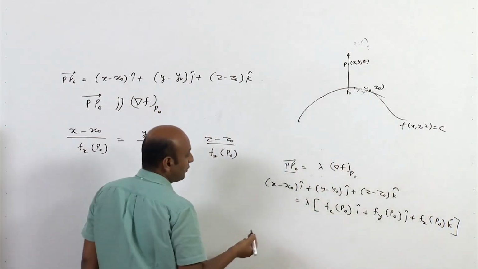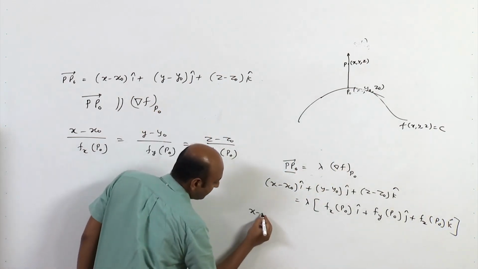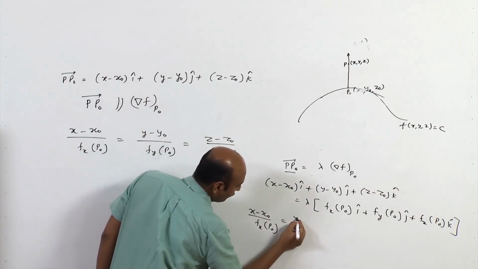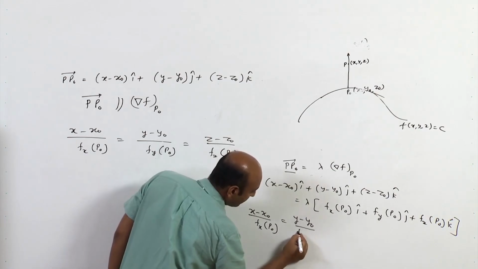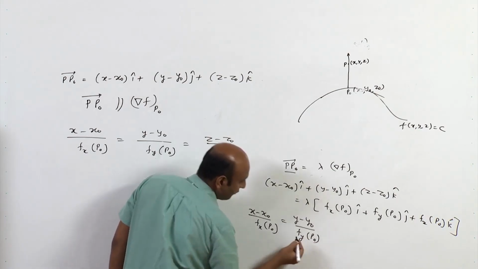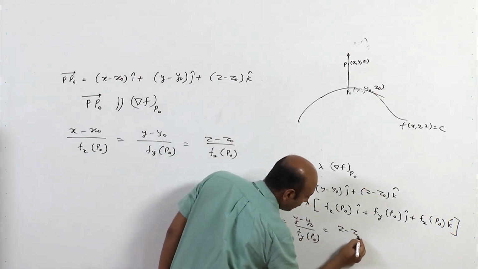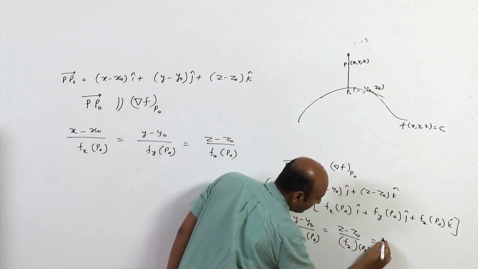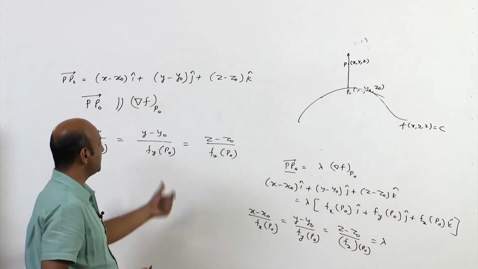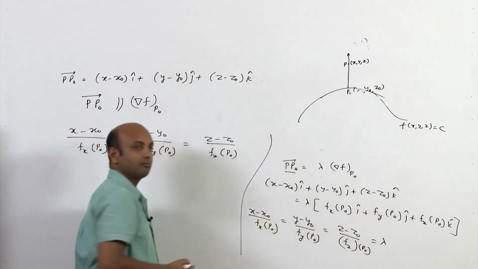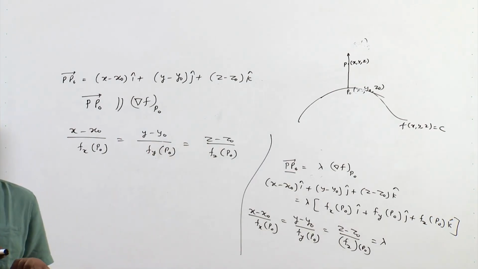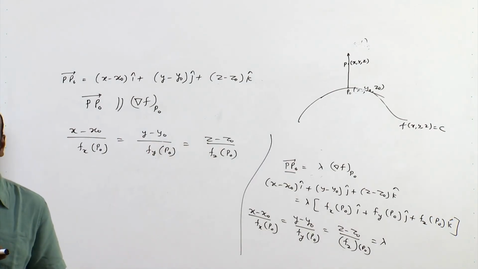From here, if we equate the coefficients, (x minus x naught) upon fx at P naught equals (y minus y naught) upon fy at P naught equals (z minus z naught) upon fz at P naught, and that equals lambda. So the same equation is here.